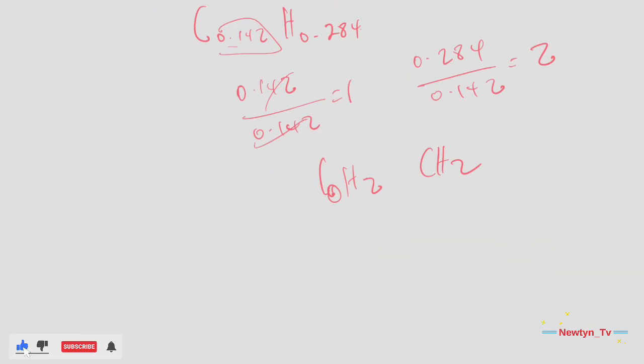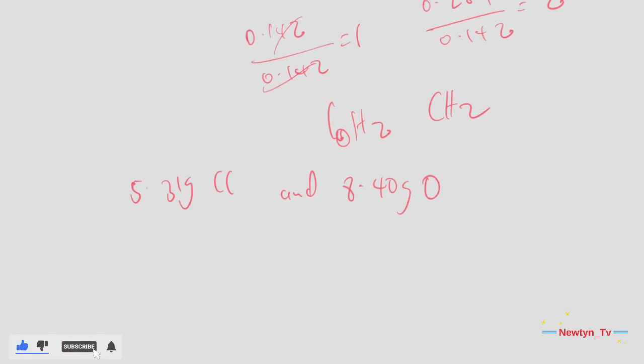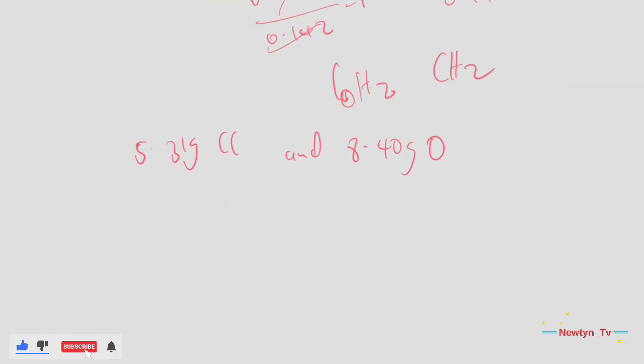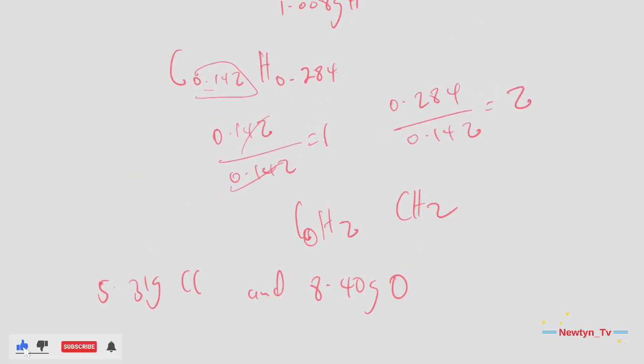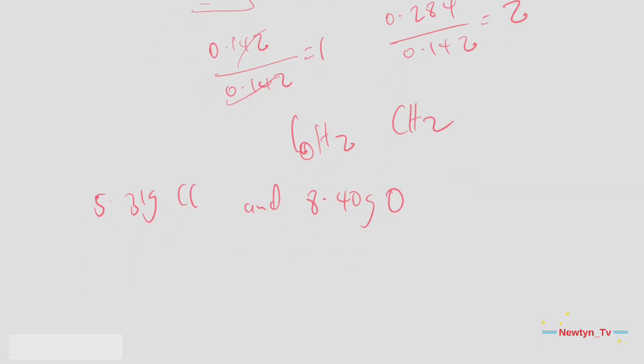Let's say we have 5.31 grams of Cl and 8.40 grams of oxygen. Following the previous approach, let's just do it to make it safer.